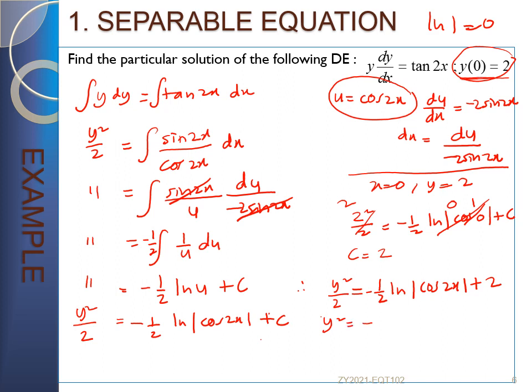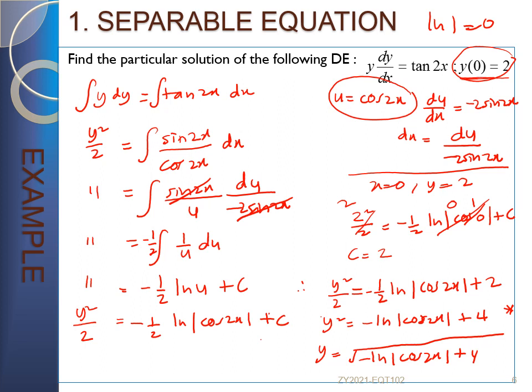So you'll get y squared equals −ln cos 2x plus 4. That's it. If you want to write y only, you can put the square root. But it's enough if you can stop here.